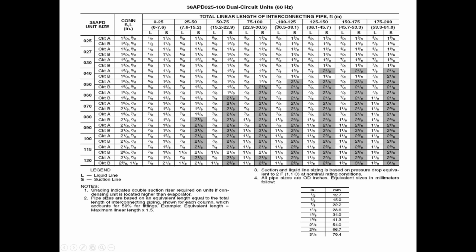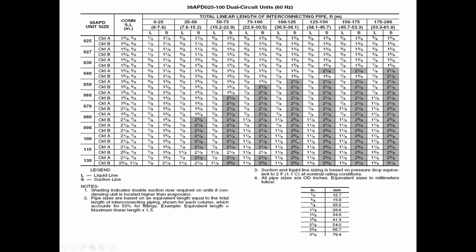We can go here, we can go here. There's 100 feet on both, so let's use this chart. We come down to the 100-ton unit, and you see that both liquid lines on the 100 are going to be 1 1/8. Both suction lines will be 2 5/8. So there's our pipe sizes.